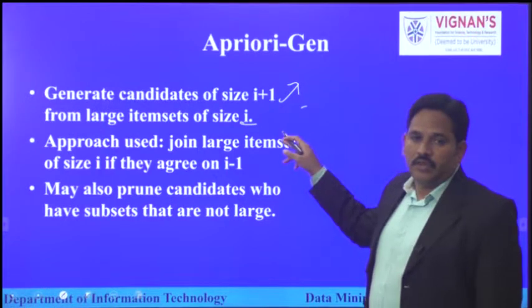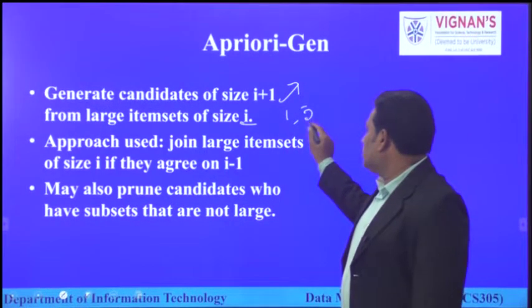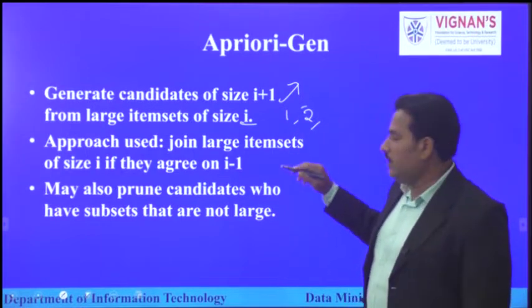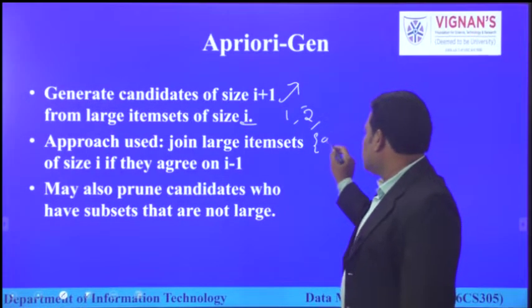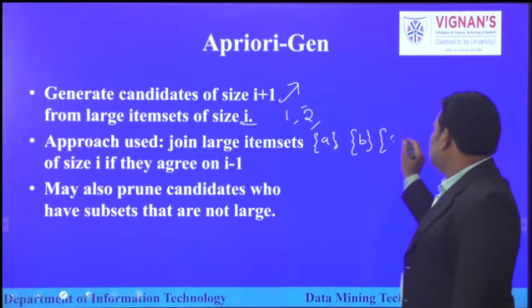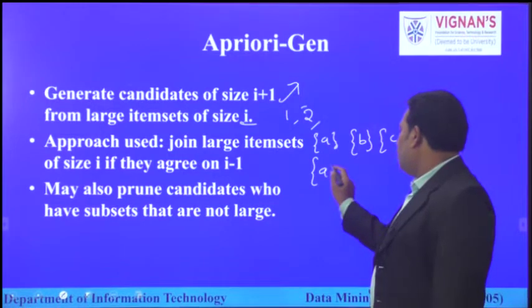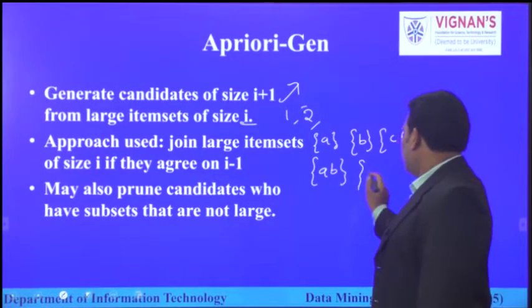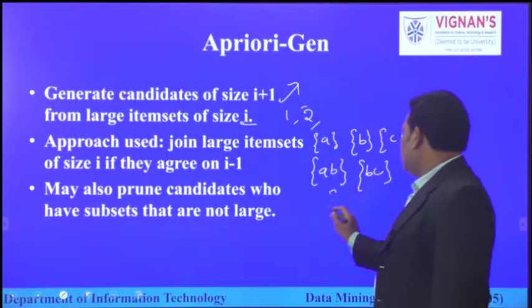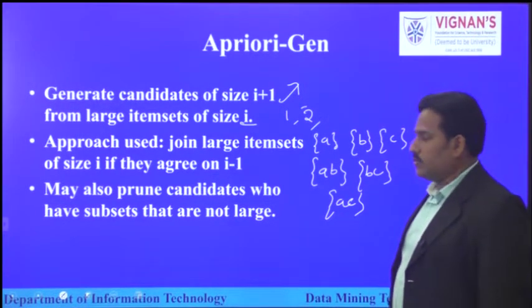Now we are incrementing it by 1. So initially the I value is 1. Next we will take 2. Now what are 1 and 2 here? Item sets. Let us say 1 indicates single item sets, and 2 indicates 2 item sets, the combination of 2 items like BC, like AE. Like this we have to repeat the process.